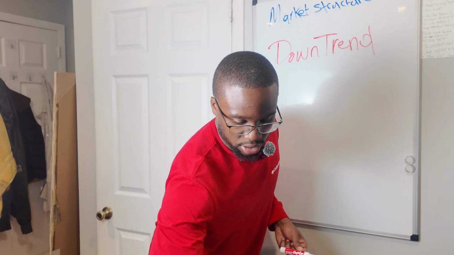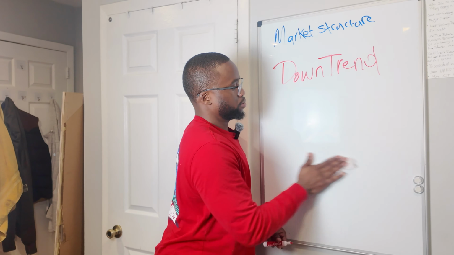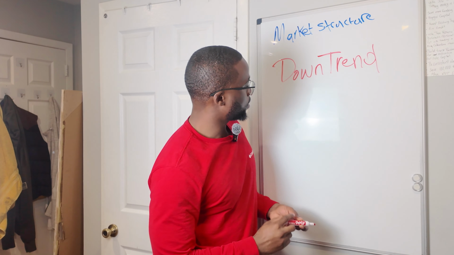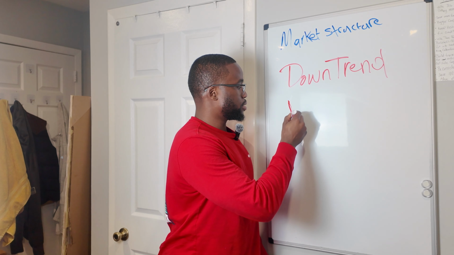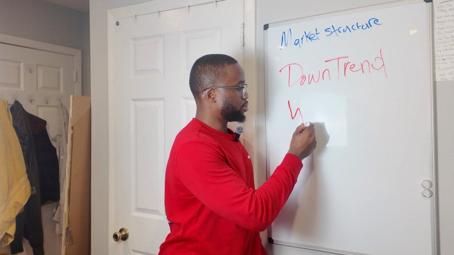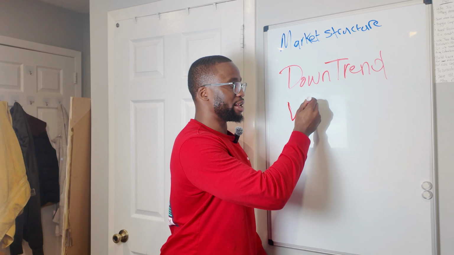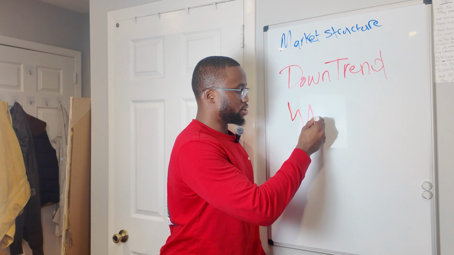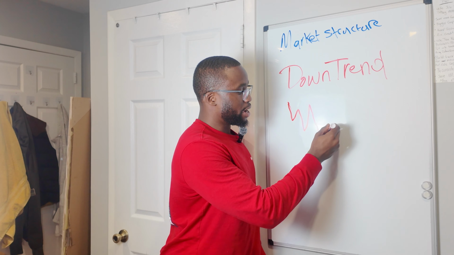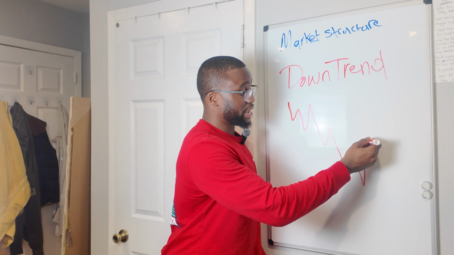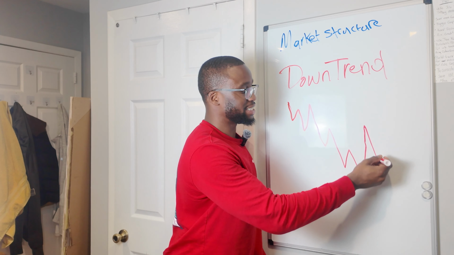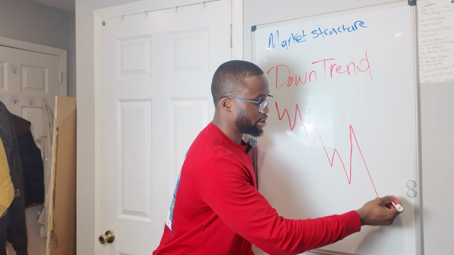Oh, that's not dry yet. It makes a low, makes a lower low, then might break that low, break structure, then it creates a new low, and the structure continues. It could even come back and break two highs. It comes back and makes another low.